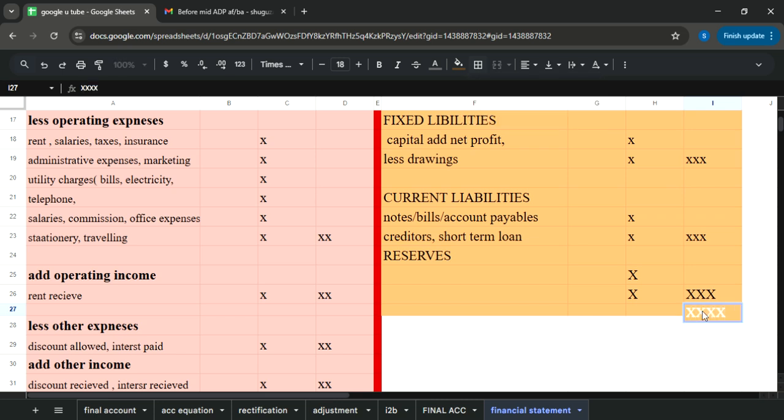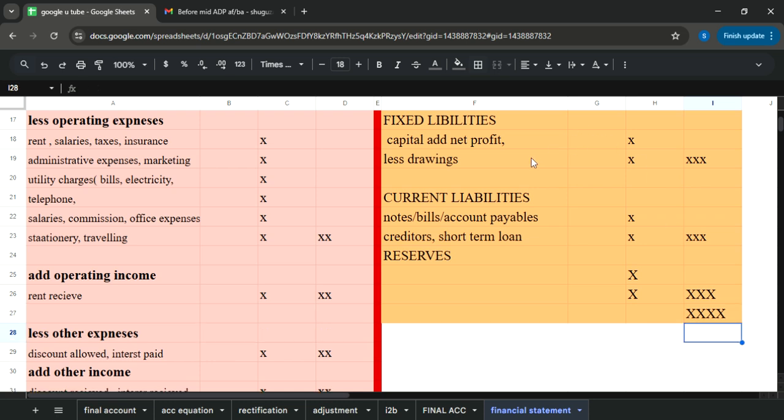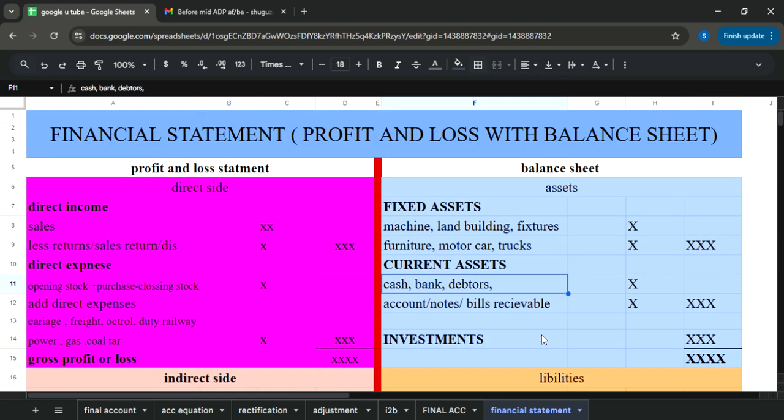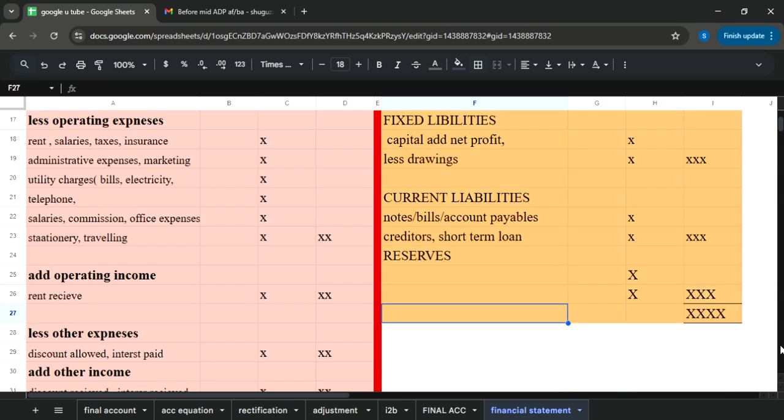This would be sum of fixed, current liabilities and reserve. This sum would exactly be equalizing to sum of all assets. Alright guys, here you can see that this sum of all assets, and this sum of all liabilities would automatically be equalized. So guys, in this way we have completed the Performa.